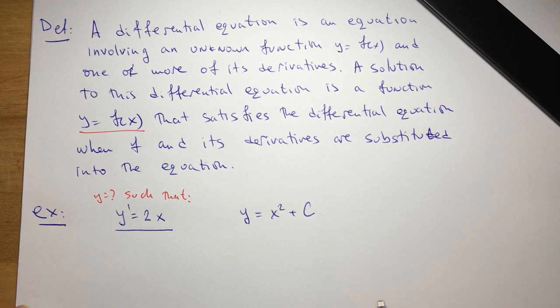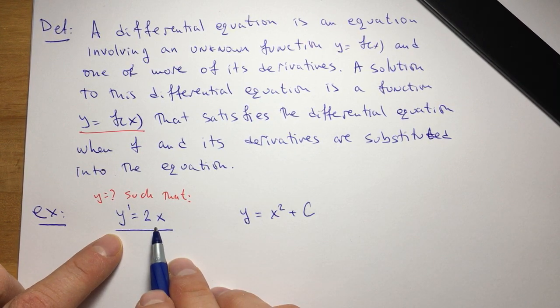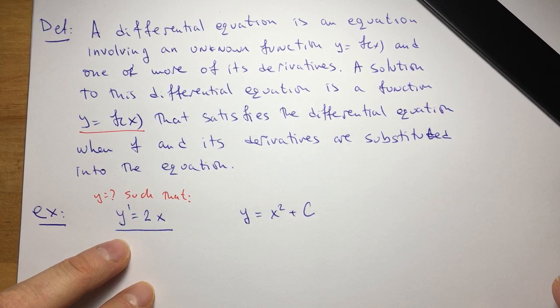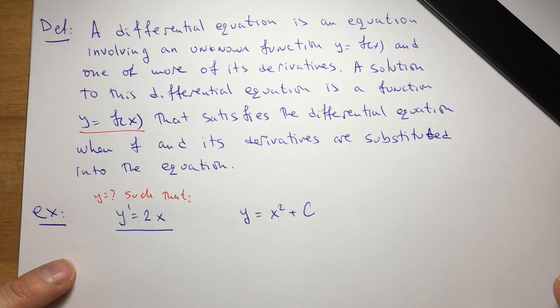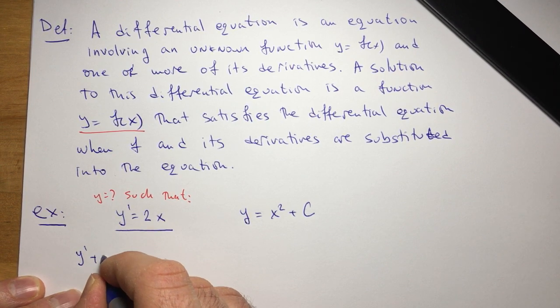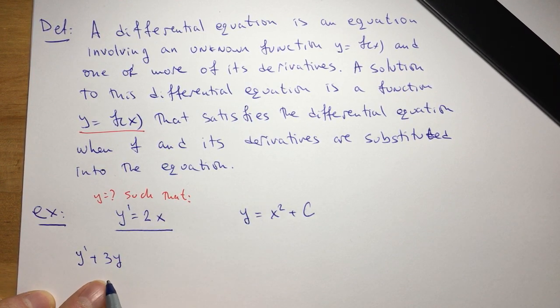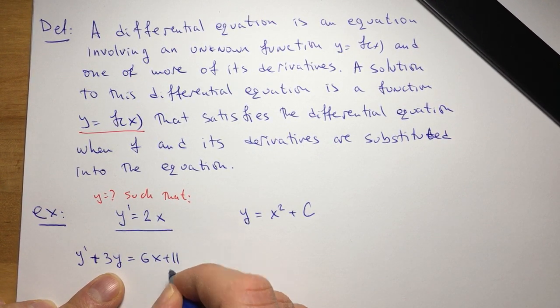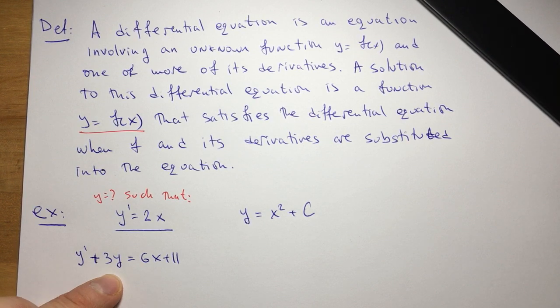Okay. Now, differential equations of this type are very simple, and we've spent quite a lot of time in Cal 1 and Cal 2 doing them. When we talk about differential equations, we think of something more than this, where the derivative and the function itself play a role in the equation. So you see, it's not only y prime is equal to some term, but y prime plus 3y.